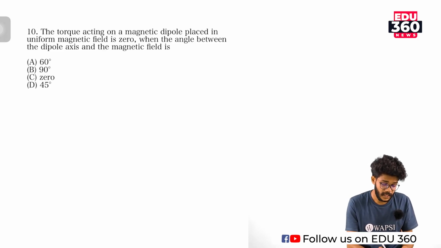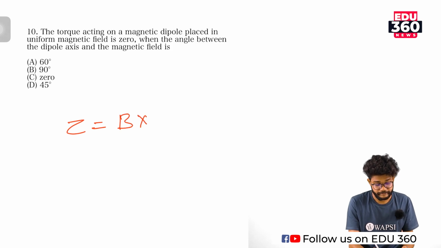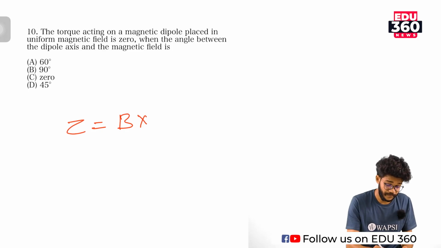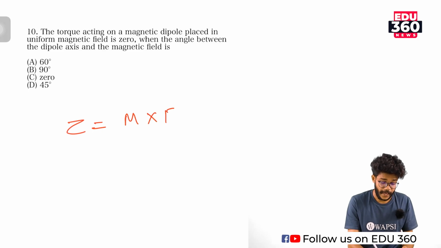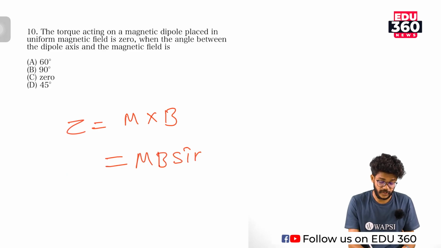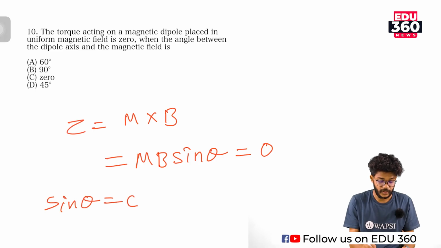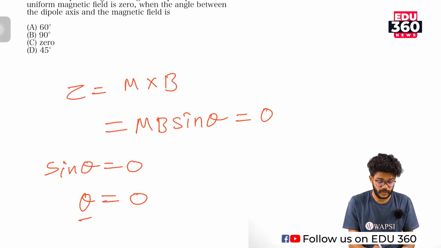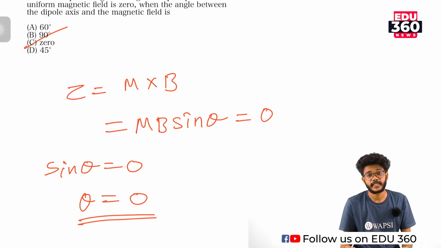Torque is equal to M cross B, magnetic dipole M cross magnetic field B. That means the torque is M B sin theta, which is equal to 0. So sin theta is equal to 0, so theta is equal to 0. So option C is the correct answer.